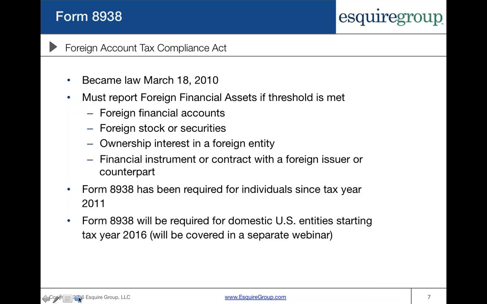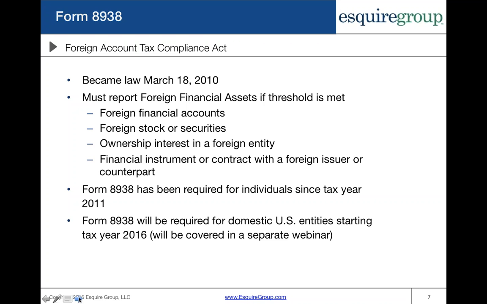So the Form 8938 encompasses the same things as the FBAR, being those foreign financial accounts, but in addition, it also includes foreign stock or securities, ownership in any type of foreign entity, or a financial instrument or contract with a foreign issuer or counterpart.